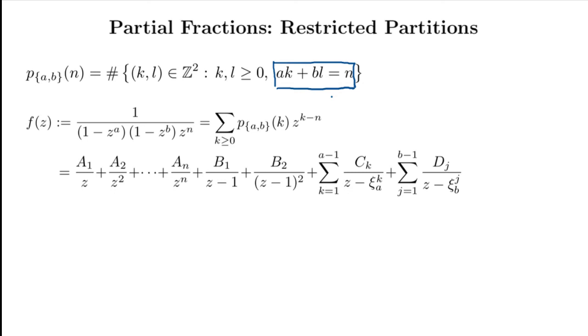So I'm fixing A and B, and I'm allowing as many A's in my partition as you'd like. So I'm allowing repeated parts here, and as many B's. And so if I have K A's and L B's, then I'm writing n as this linear combination, A times K plus B times L.